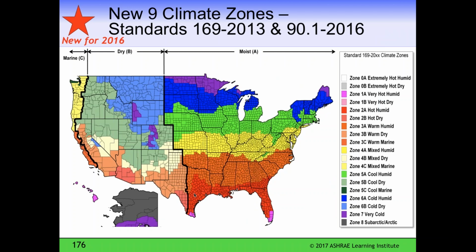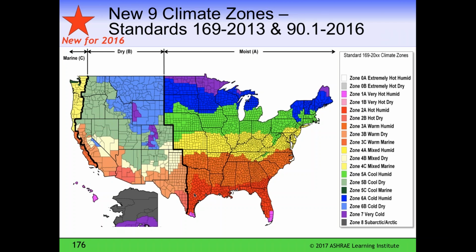And then in 2016, a major piece of work was done by Standard 169 and produced in 2013, made its way into 90.1 in 2016 with the 9 climate zones. What you don't see here, but we have a map that was produced by Pacific Northwest National Labs that shows the change in climate zones by county, and many counties have gone to a warmer climate zone.